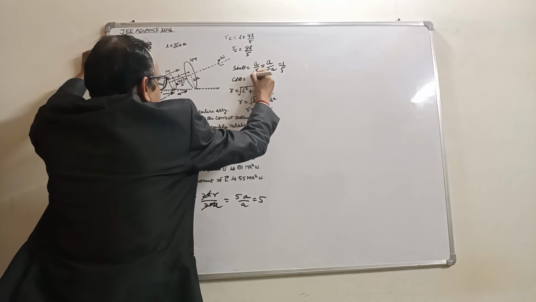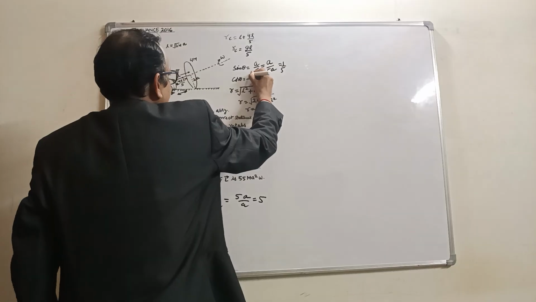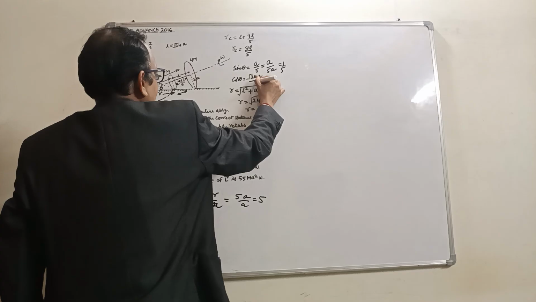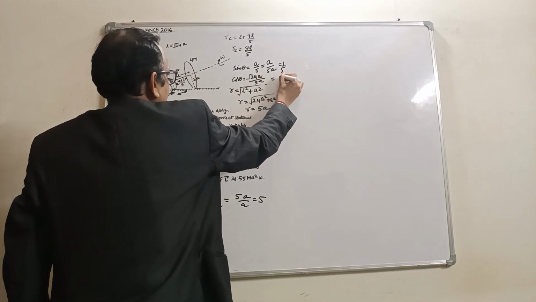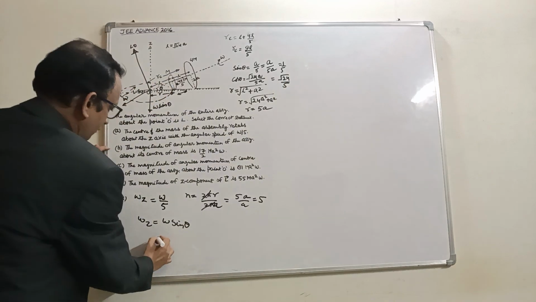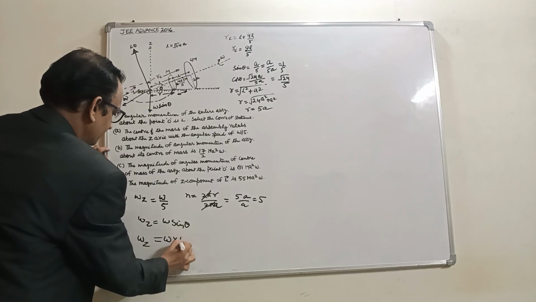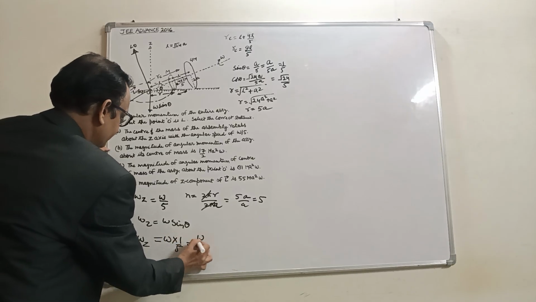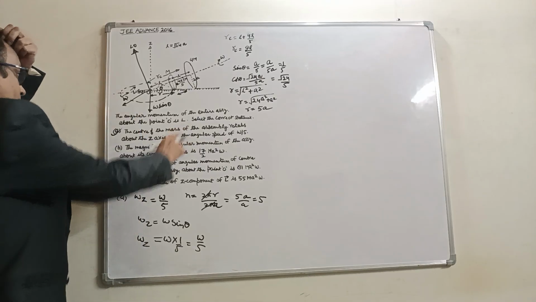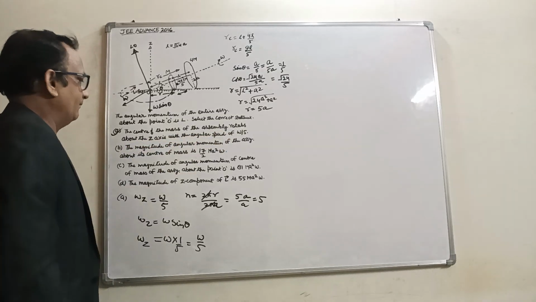And cos theta is L upon r, root 24a upon 5a, so cos theta is root 24 by 5. By placing the value of sin theta, this will be omega by 5. So the first option is correct: the center of mass of the assembly rotates about the z-axis with angular speed omega by 5.